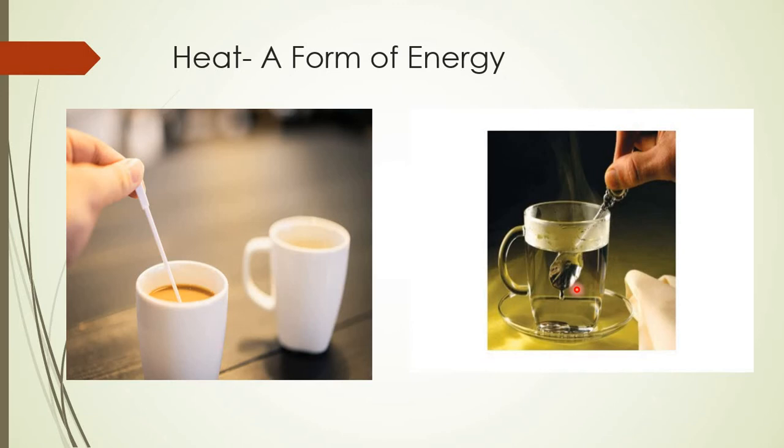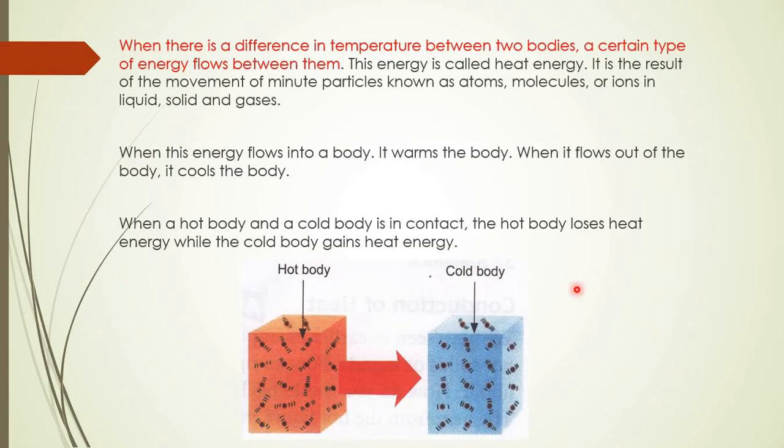So what is heat energy? When there is a difference in temperature between two objects, a particular energy flows from one object to the other, and that energy is called heat energy.